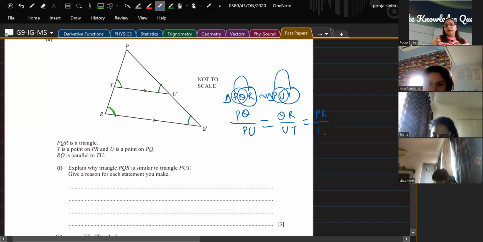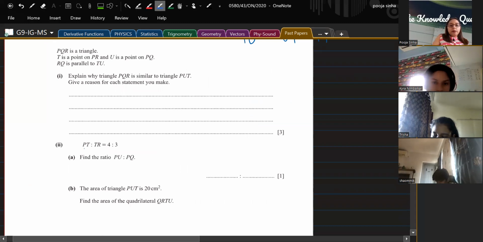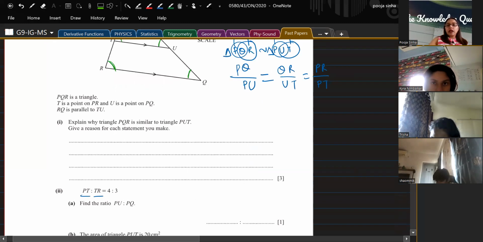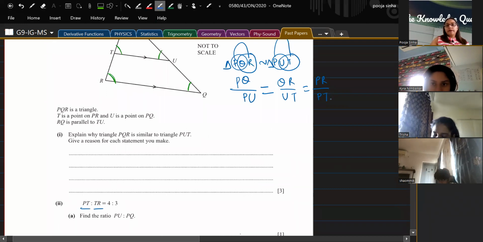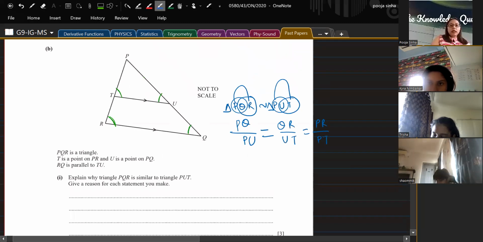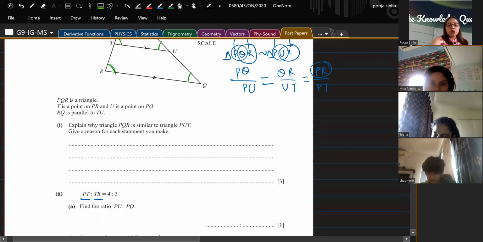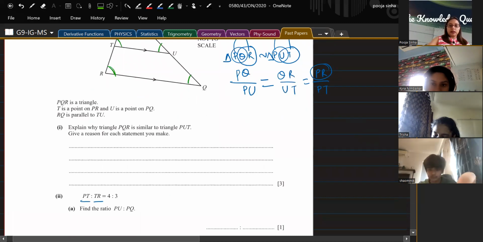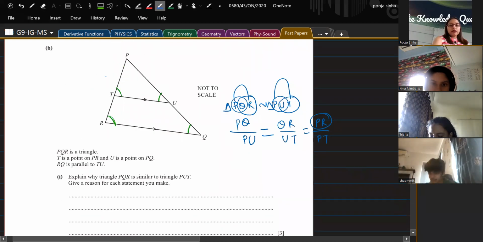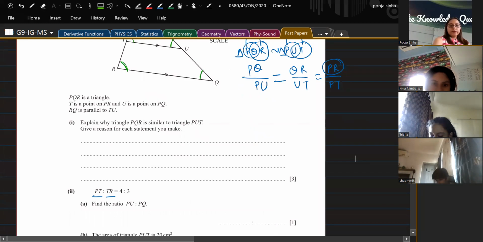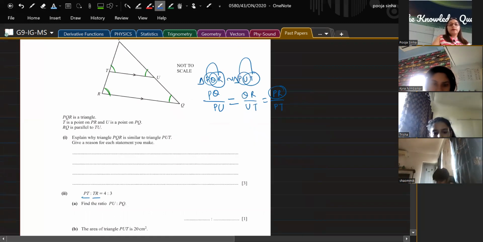Once this much is done, see what is given to you. You are given PT and TR. PT is given, and TR is given, not PR. So we have to understand this now. PT is given to us as 4, and TR is 3.